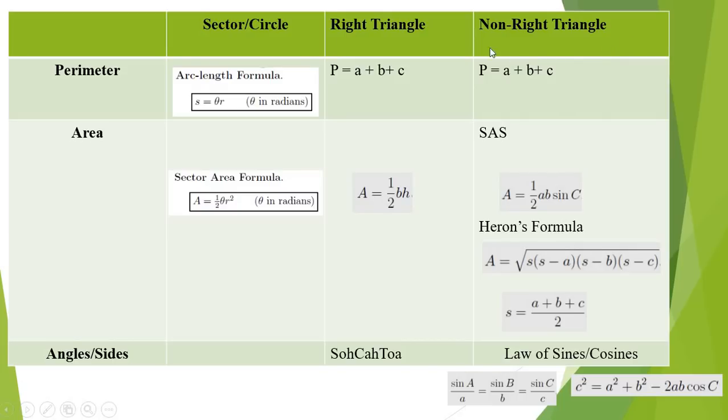Now for non-right triangles, to determine the perimeter, we have a similar formula. Then another very useful formula, we have two sides with an included angle. You can also use this formula.